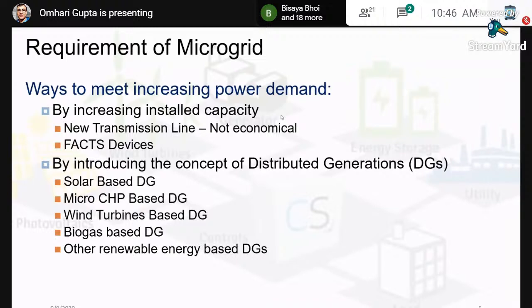Because by doing so, you are actually reducing or eliminating the transmission losses. When you install a bulk power station and then transmit the power to the load, what happens? There will be transmission losses. But when you install distributed generation, those transmission losses will not be there and your electricity will be much cheaper. Okay. And several other advantages are also there.